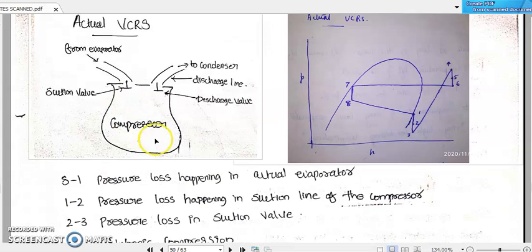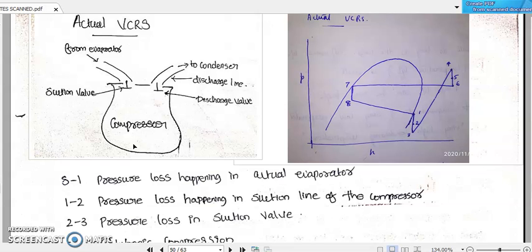Immediately after the refrigerant enters the compressor, it is followed by the compression process. And in the ideal case, we will be considering the compressor work as an isentropic process, but isentropic process means reversible adiabatic process. No actual process will be reversible.